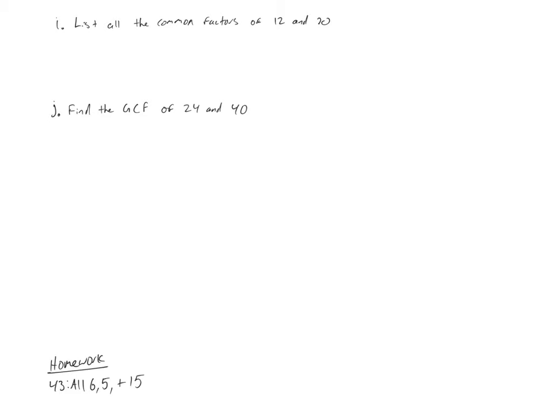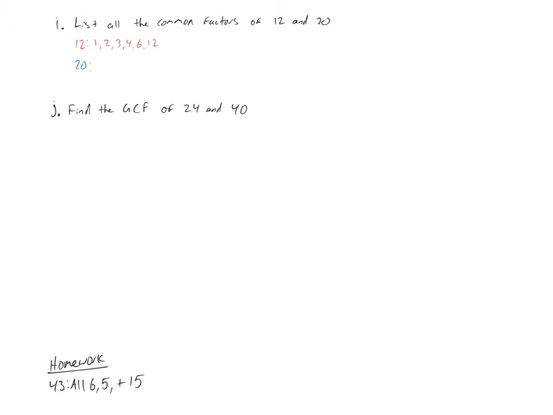Alright, list all the common factors of 12 and 20. So let's list the factors of 12. That's going to be 1, 2, 3, 4, 6, and 12. Alright, 3 times 4, 2 times 6, 1 times 12.